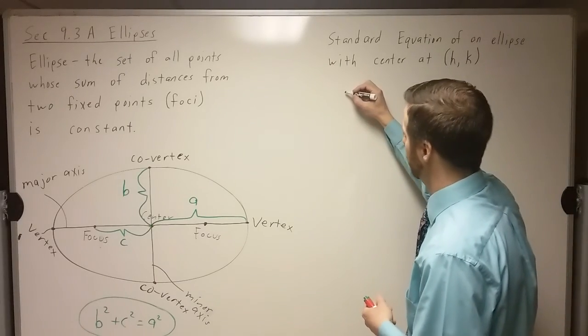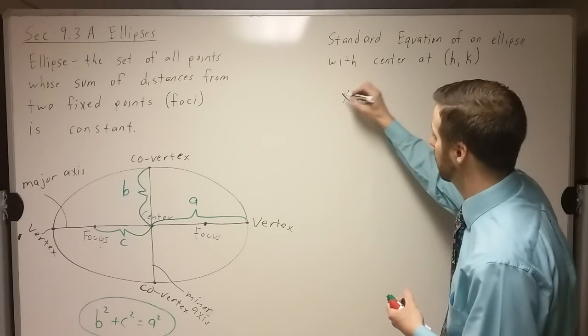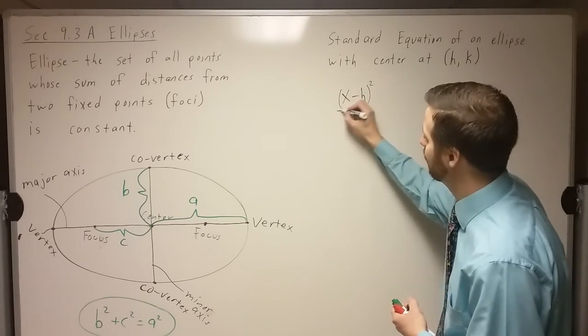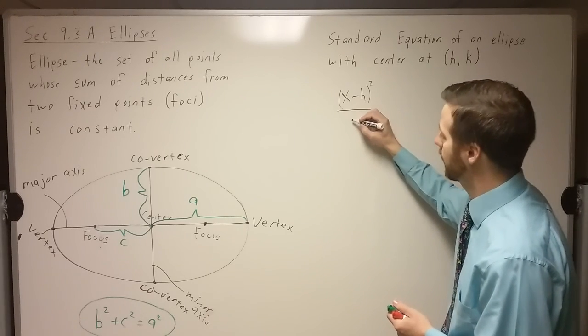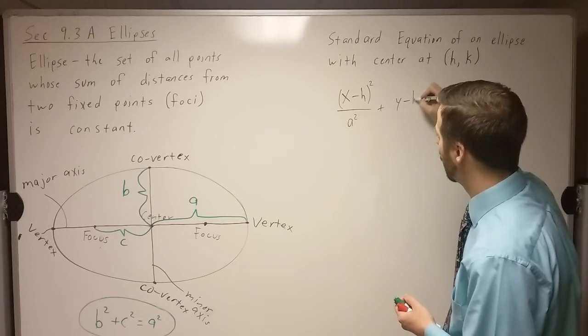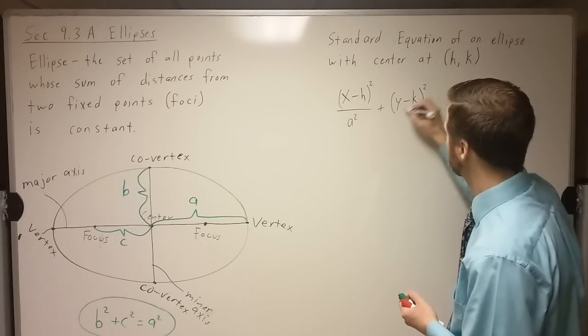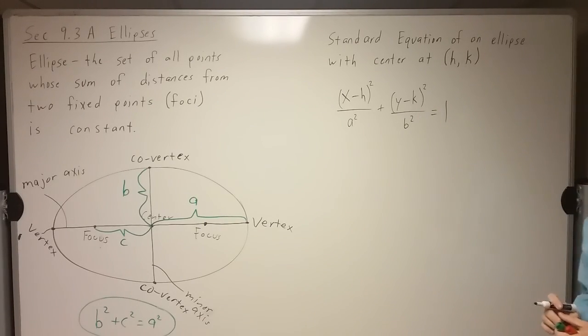There's two options. Just like there was with a parabola, we have two different options based on what's happening with it. And we're still going to have the h and k part. So we're going to have x minus h, the quantity squared, over a squared, plus y minus k, the quantity squared over b squared, equals 1.